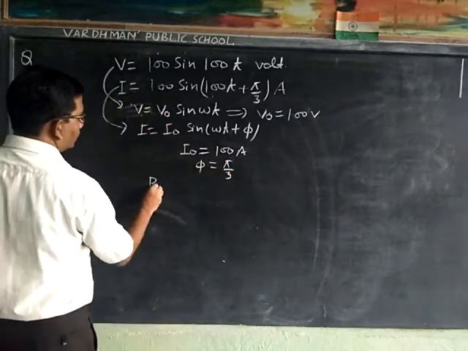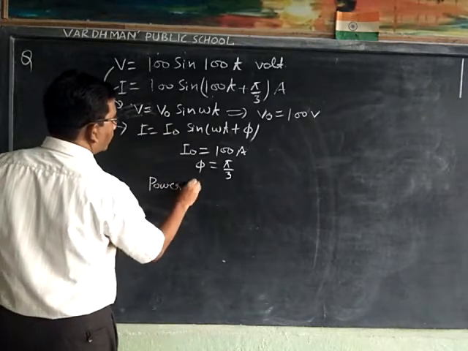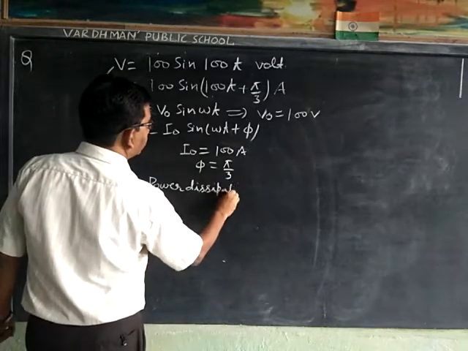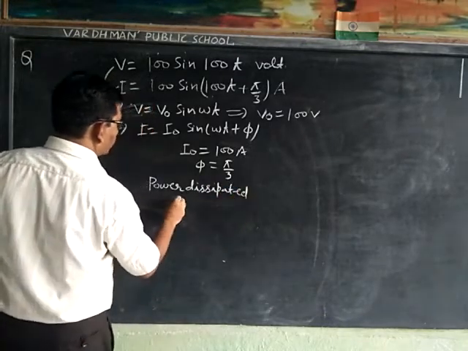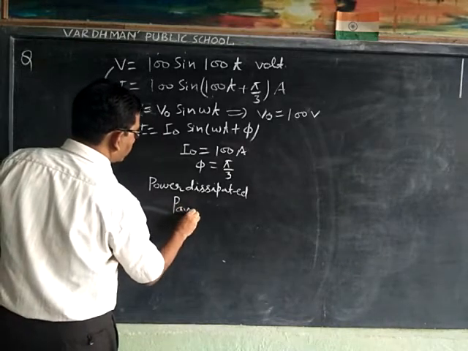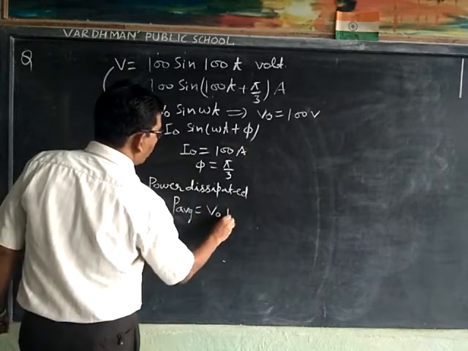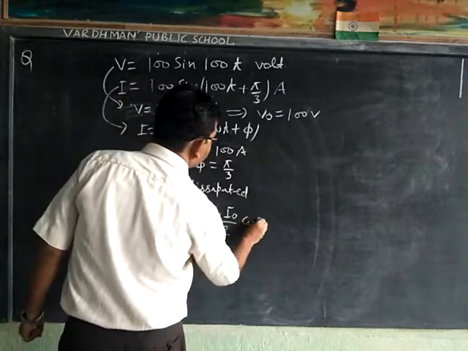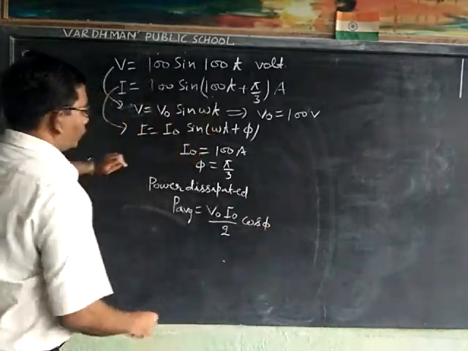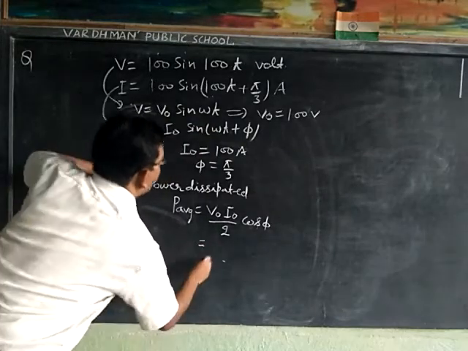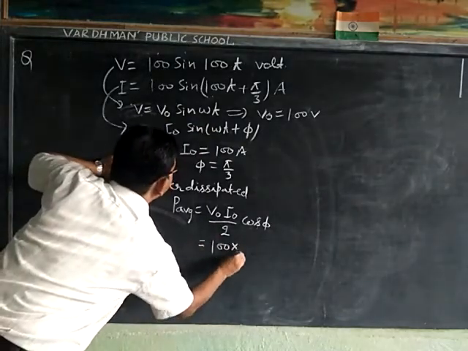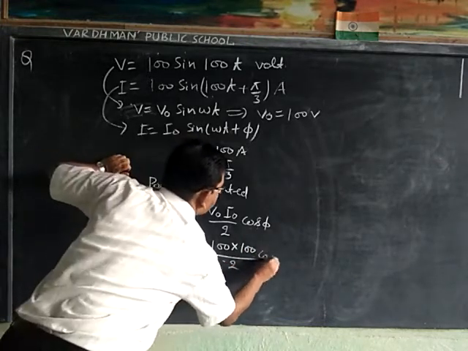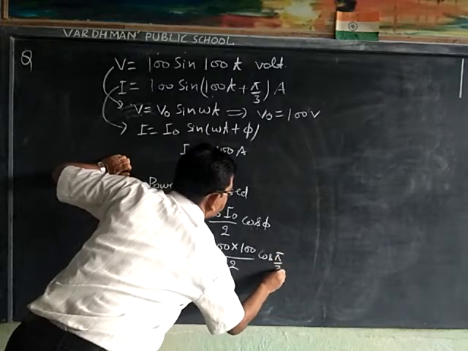Power dissipated, that is average power, is V0 I0 upon 2 cos phi. Now V0 is 100, I0 is 100, upon 2 cos pi by 3.